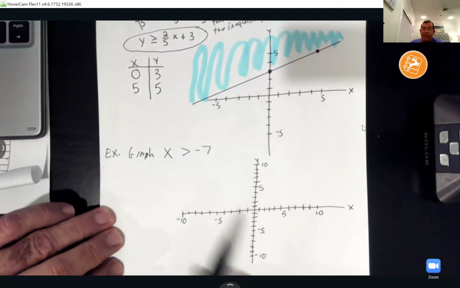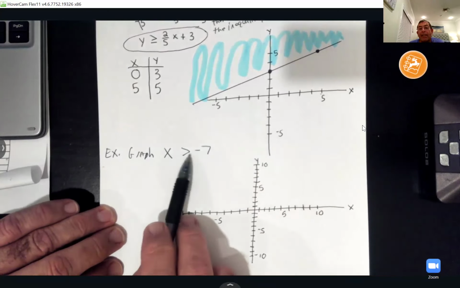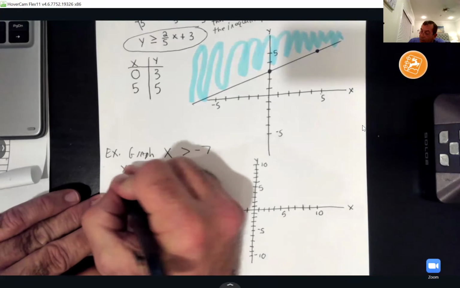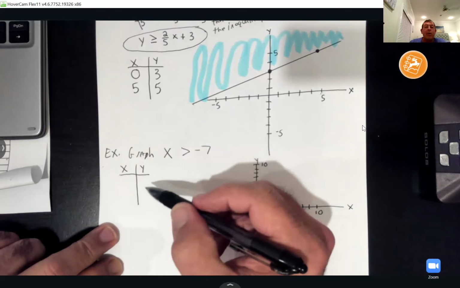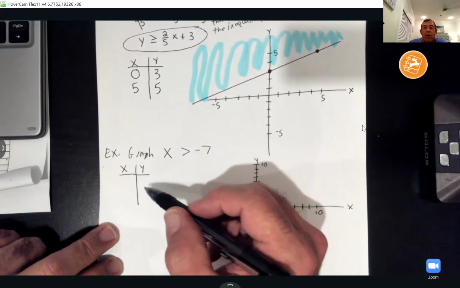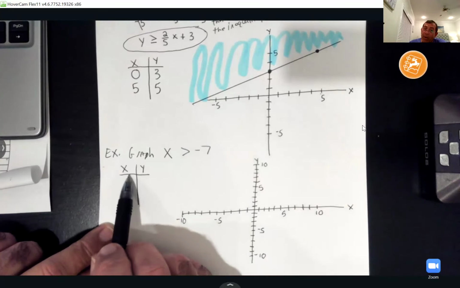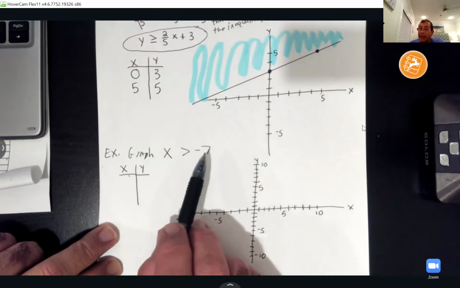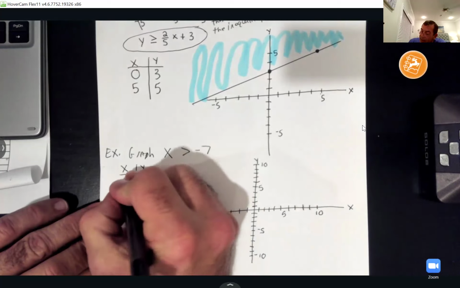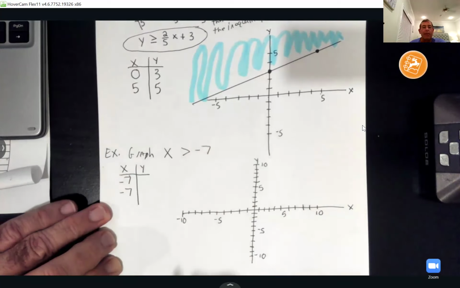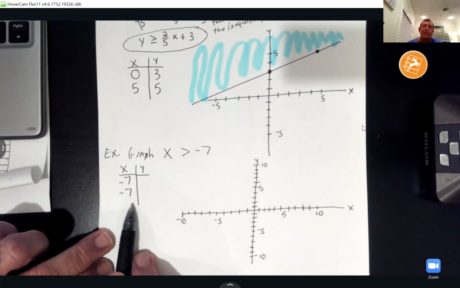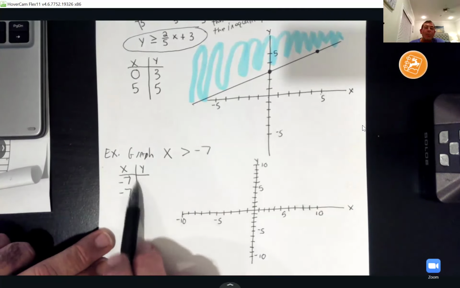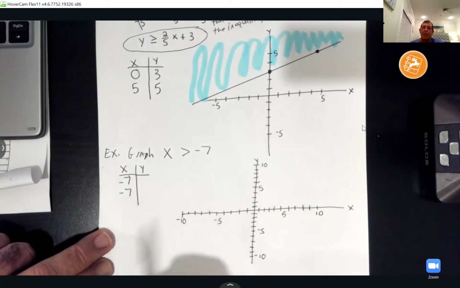So remember what we said about this. Treat this like an x equals negative 7. When you make your table up, remember, it don't matter what these y values are. We know that every one of these x's is going to be negative 7. Okay? You can pick 100 x's, but they all got to equal negative 7. And like I said, it don't matter what we pick for the y values.